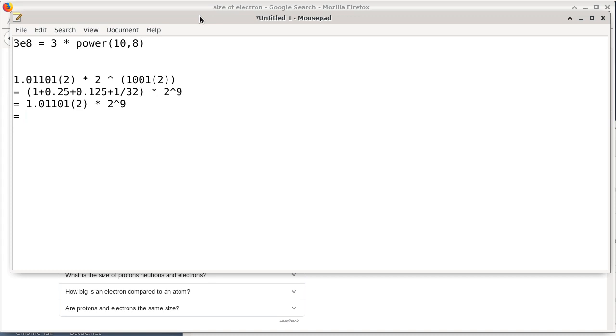So when you multiply that by 2, it becomes 10.1101 in base 2. But if I multiply the mantissa by 2, what do I need to do to the exponent of 2 in order to maintain the same value? Decrease that by 1. So is this part okay? Does everybody understand why I can move the decimal point by 1 and then adjust the exponent of 2 also by 1? Yes?